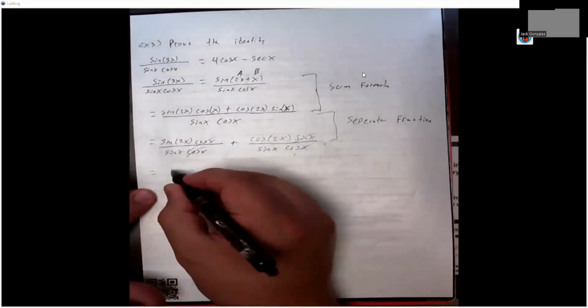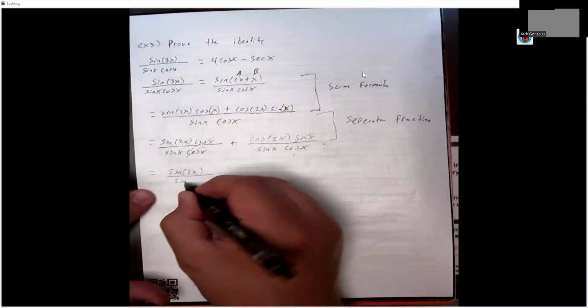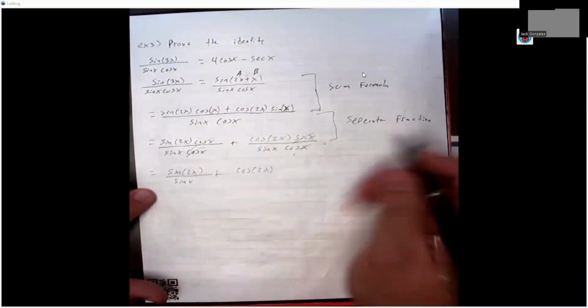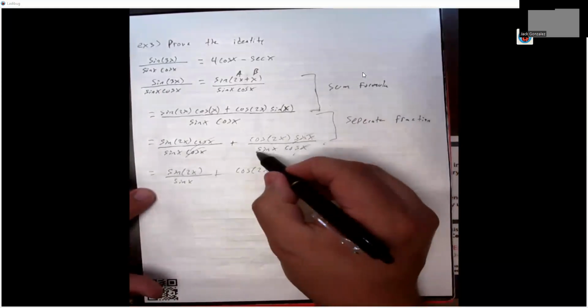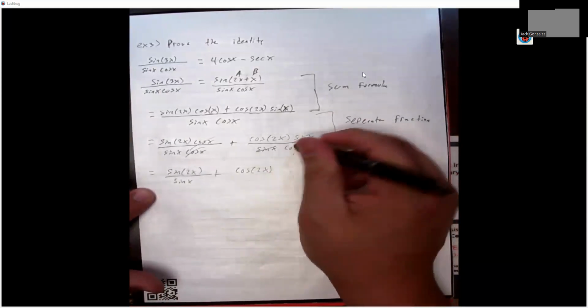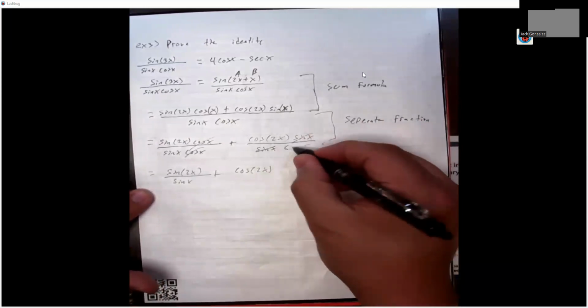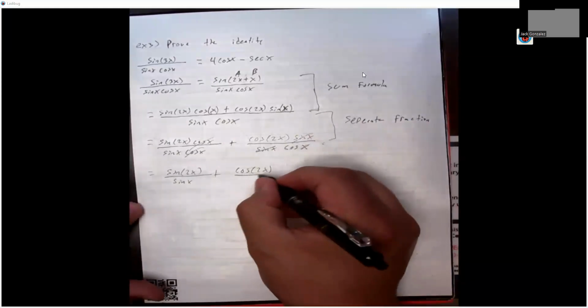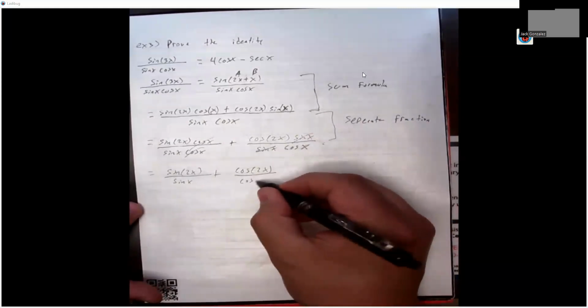So now I have sine 2x over sine plus cosine 2x. What did I cancel? That one? That's my mistake. Okay.